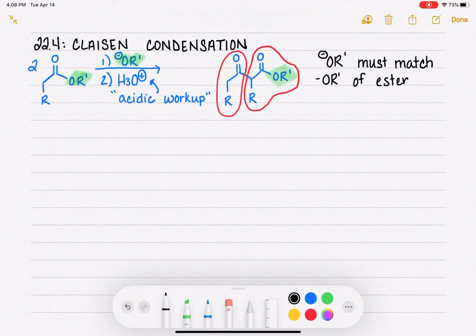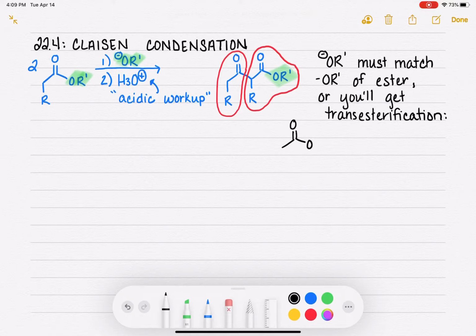If it doesn't, you're going to get transesterification. So let's just use a specific ester, and let's use OEt.